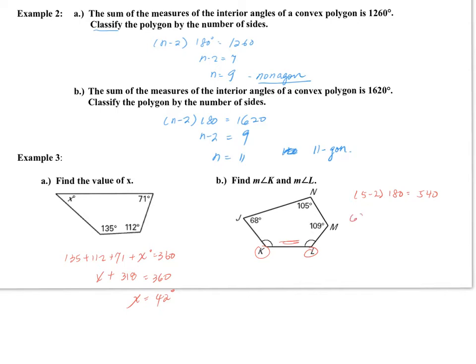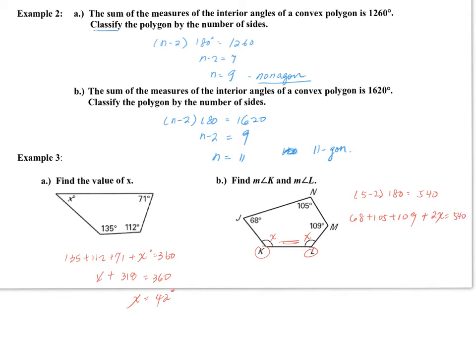If we add 68 to 105 to 109, and I could do plus x plus x, and assign my own variables, x equal to 540.